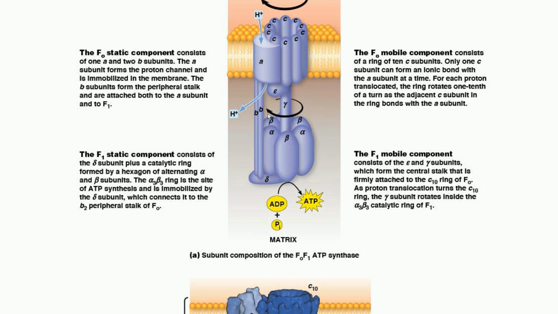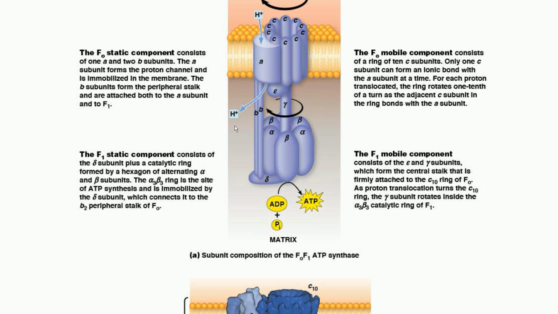Now talking about the F1 part: FO is embedded in the membrane, F1 is actually protruding out. The F1 static component consists of the delta subunit, this one, plus a catalytic ring, this ring. This is responsible for the enzymatic activity, and it has 3 alpha and 3 beta subunits.